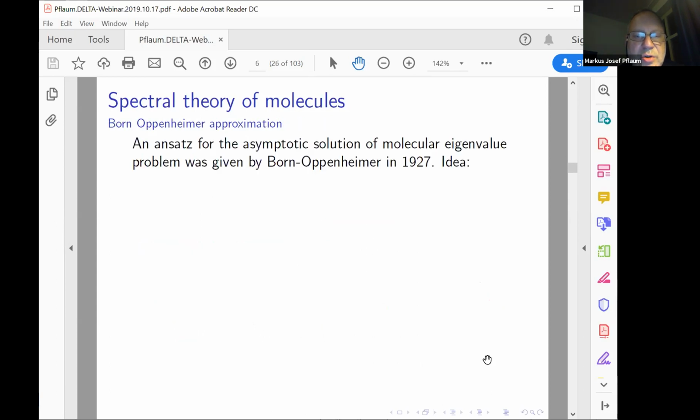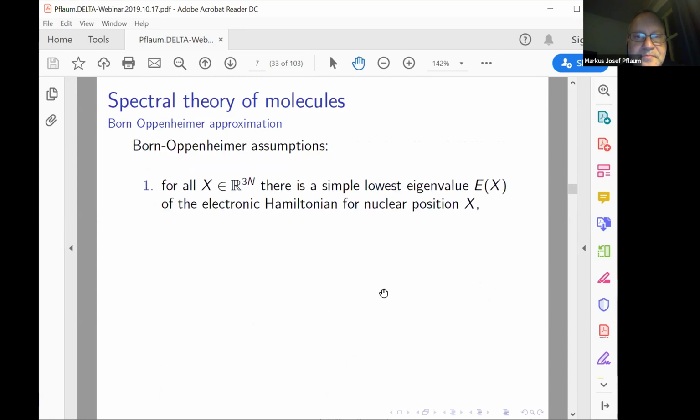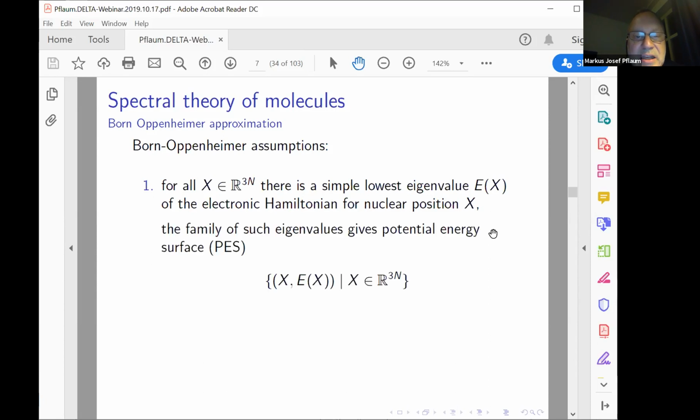Then you get solutions which depend on the parameter big X. So for all X in R^n, there's a simple lowest eigenvalue of the electronic Hamiltonian for nuclear position X. It solves this Schrödinger equation just for the electrons. And the family of all those X, E of X, where E of X is the lowest eigenvalue, forms a surface in R^(3n+1).